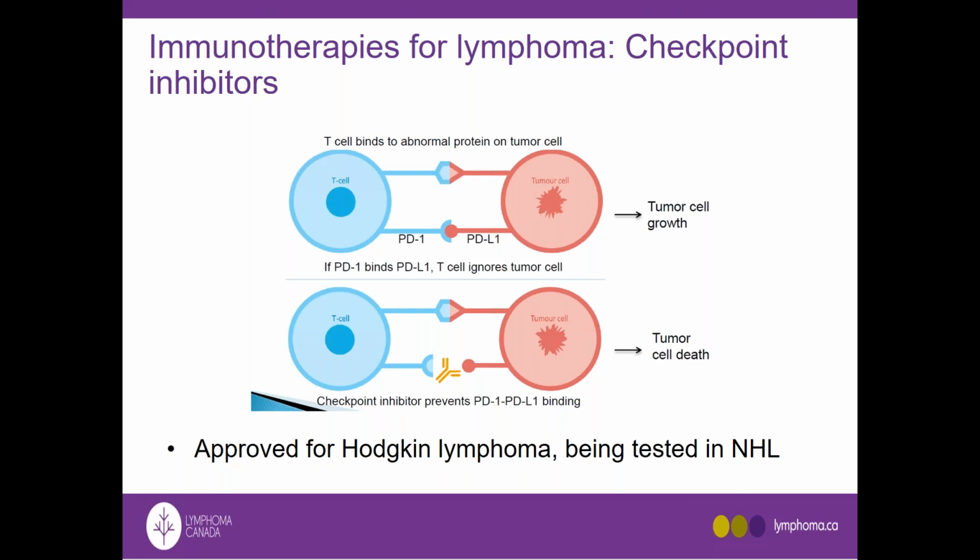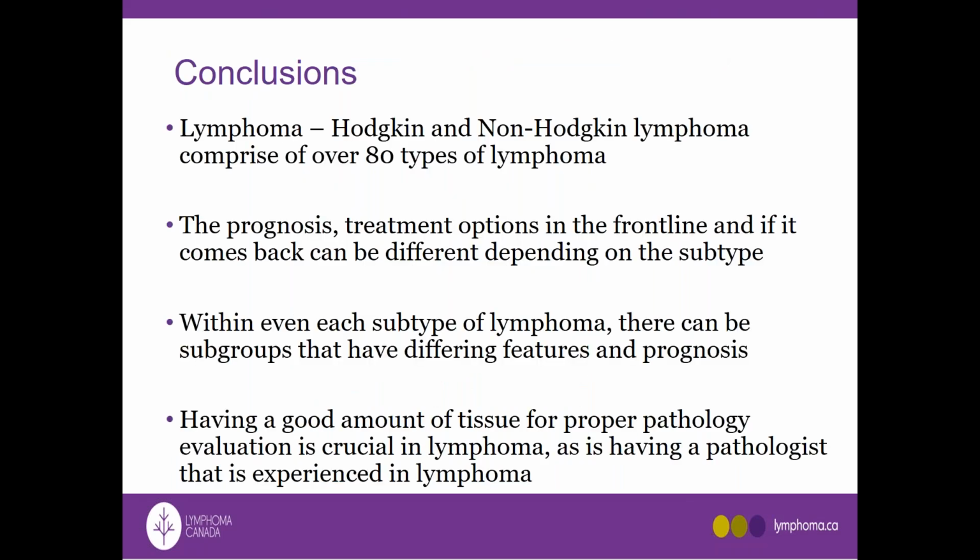So in conclusion, I hope I've convinced you and reiterated a few times that lymphoma is not really a disease on its own, but encompasses many different types, and it's the subtypes that really define the disease and the prognosis and the treatment.